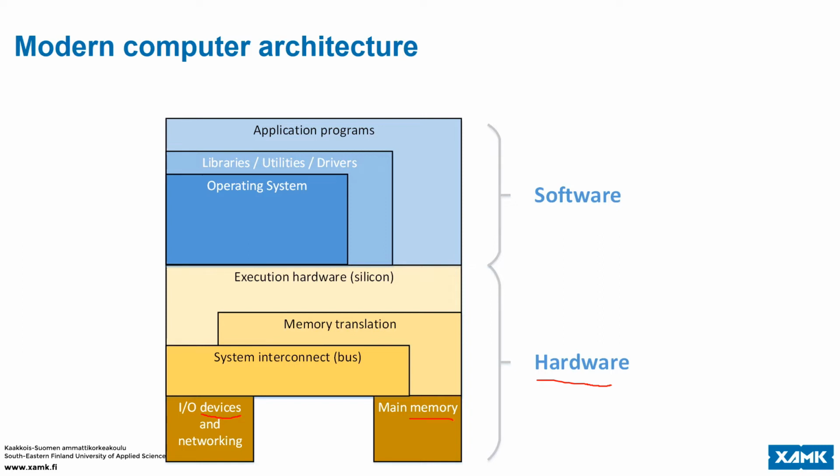Then there is a more or less hazy layer of middleware. Sometimes you might call this firmware, where certain modules here are hardware modules and some other modules might in fact be software modules. So the line between hardware and software here is in a way blurred.